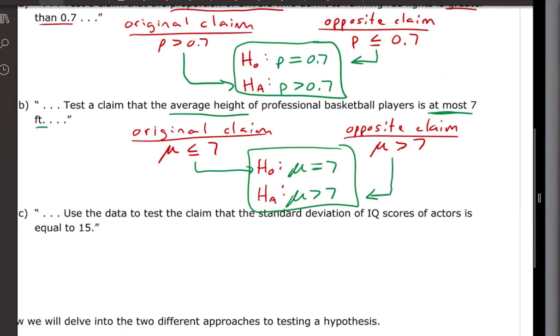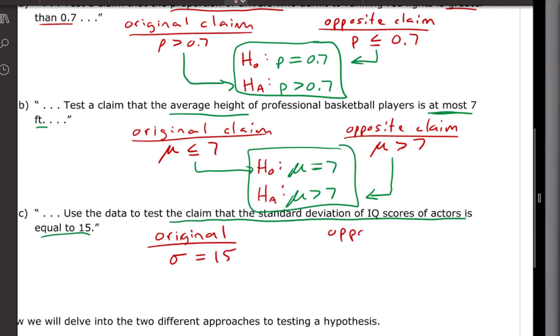And then let's do one more example here. We want to use the data to test a claim that the standard deviation of IQ scores is equal to 15. So that original claim right there, since this is standard deviation, we'll use a sigma symbol and equal to 15, which means our opposite would be sigma not equal 15.